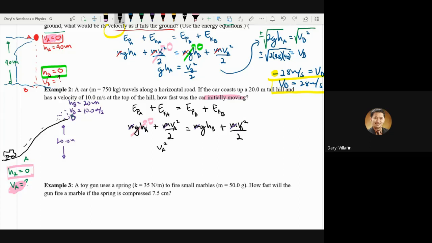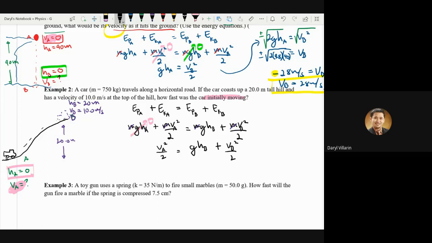So this is v sub A squared over 2 equals gHB plus v sub B squared over 2. So if you can see, everything is given except for v sub A. Okay.